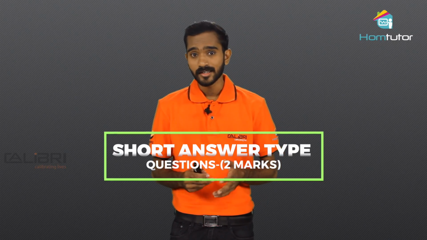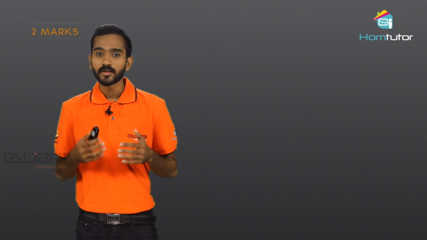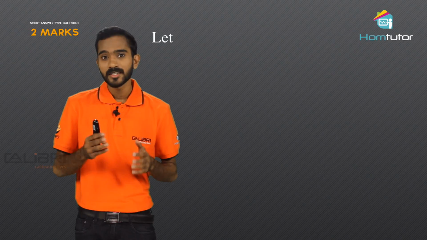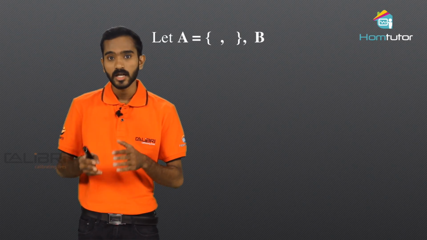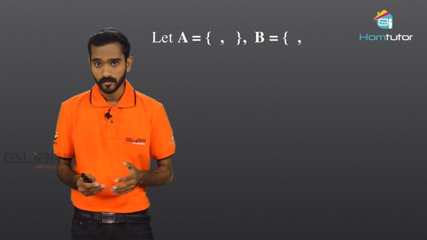Now let's move on to the short answer type question that carries 2 marks. The question here is, let A be the set containing the elements 1, 2 and B be the set containing the elements 1, 3.